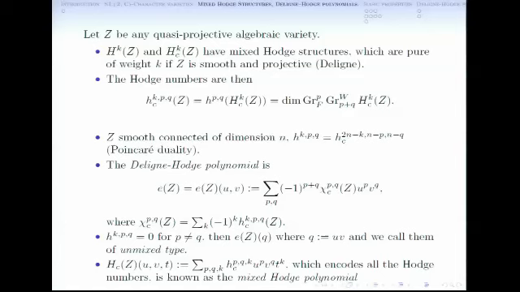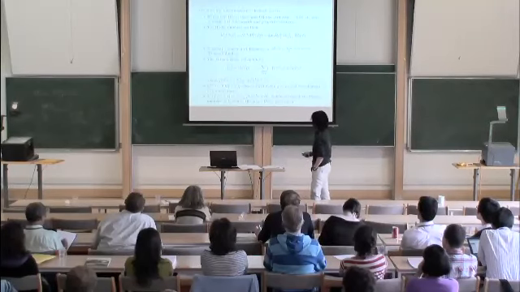Hence, we are going to denote it q, and we call these varieties of mixed type. So we will have this problem of pronunciation, mixed Hodge structure of varieties of mixed type. Just forgive me.